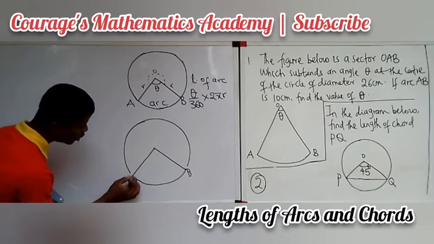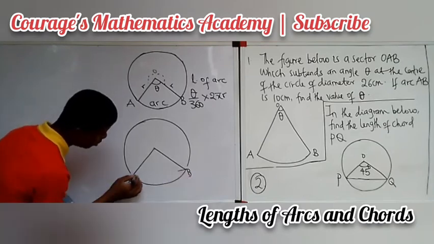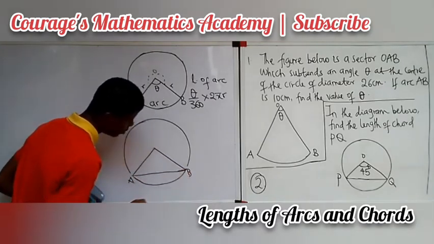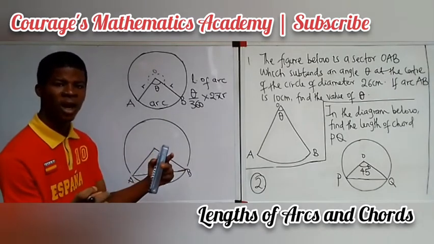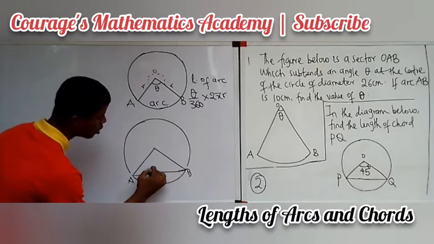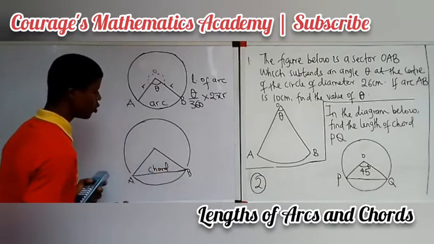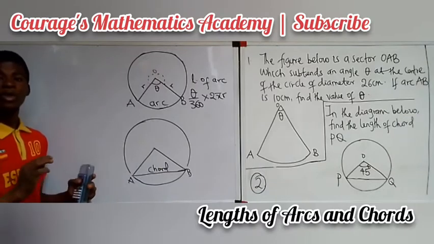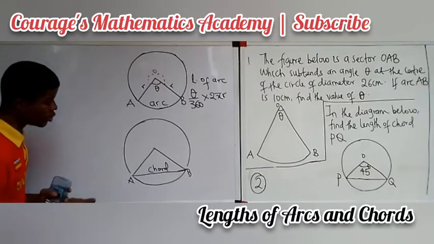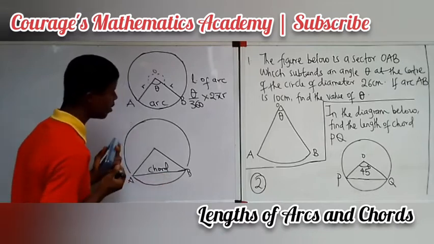So, if I should draw a line from this point to this other point, this line now is touching the two edges of the arc. It is called a chord. So, a chord is a line that joins 2 points of a curve. So, this is a what? A chord.